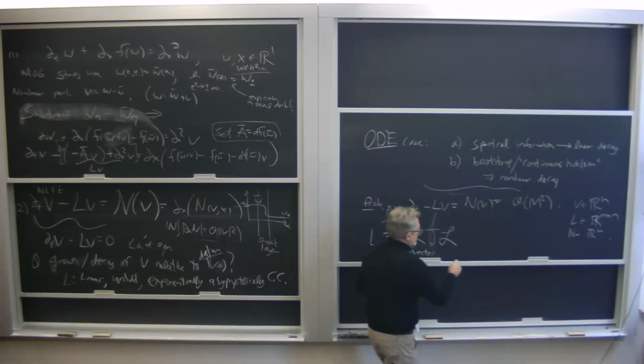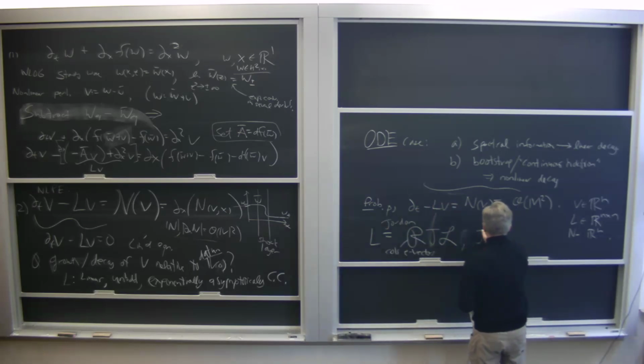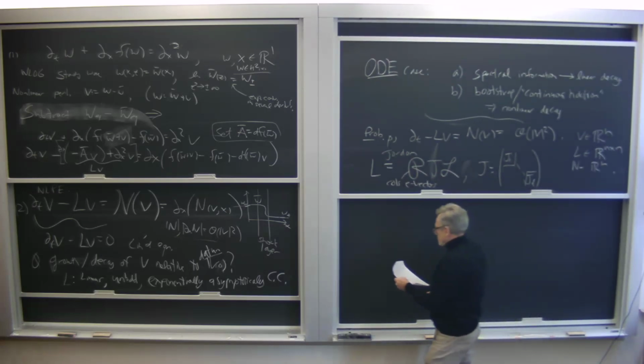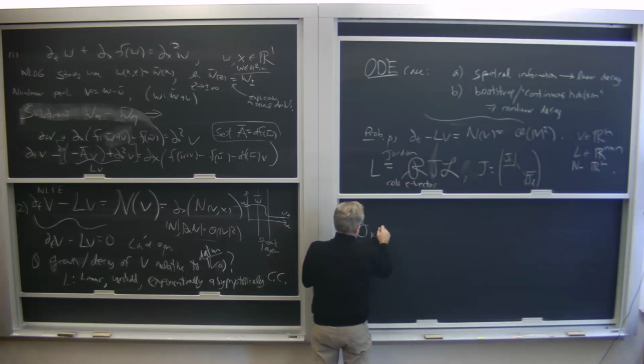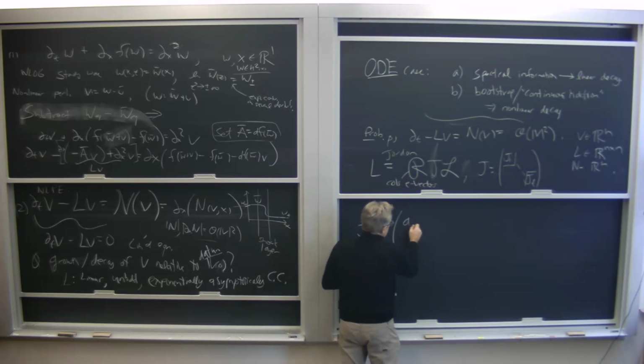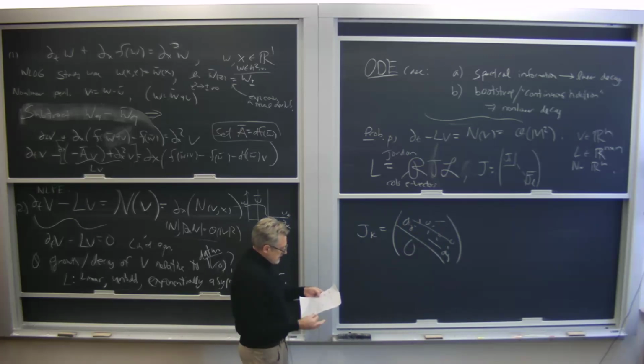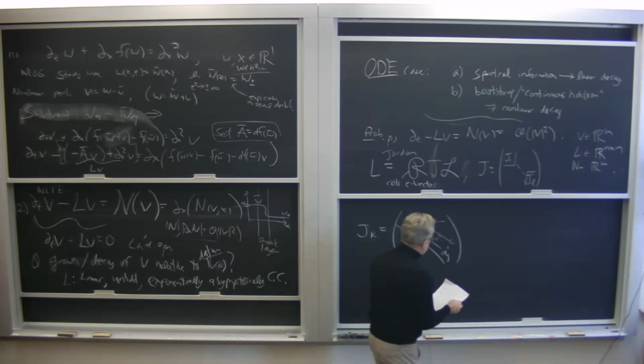L is its inverse, and J is block diagonal with Jordan blocks, and each Jordan block looks like an eigenvalue down the diagonal, and then ones on the first super diagonal. It's upper triangular. Okay, so this is a Jordan block. All right, and okay, so we can exponentiate.